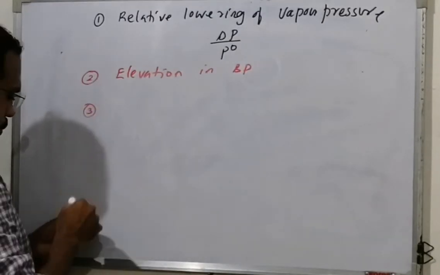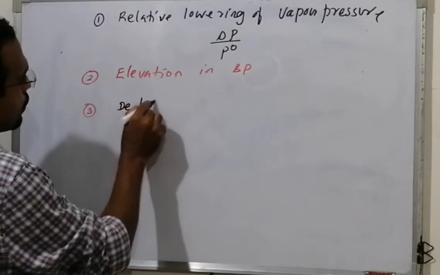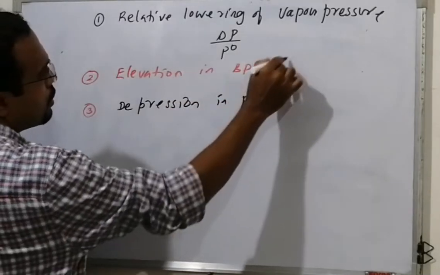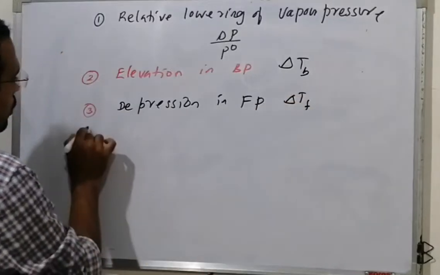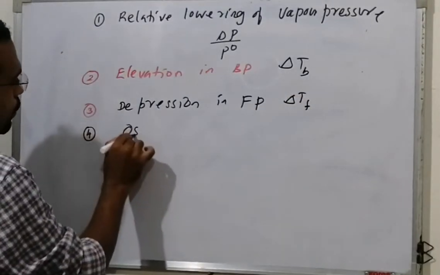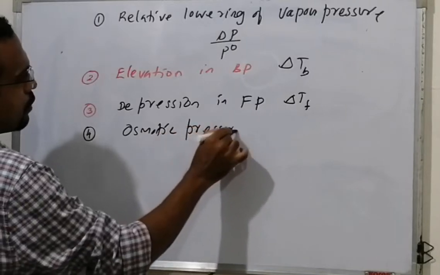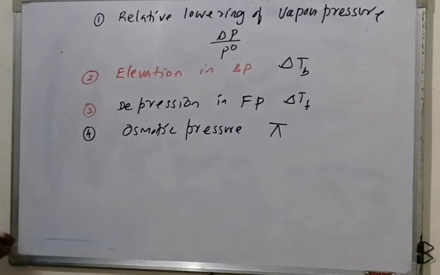Third, depression in freezing point. This is delta TB. This is delta TF. The fourth is osmotic pressure, Pi. These are the colligative properties.